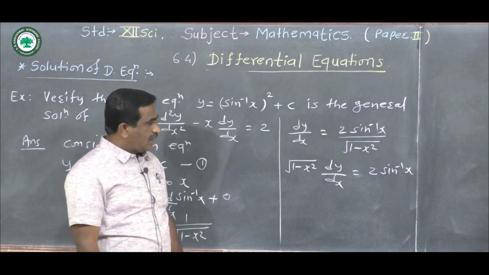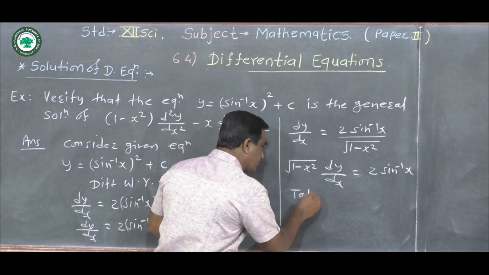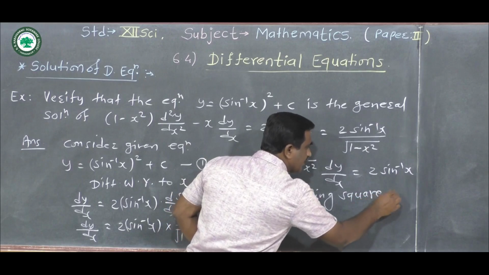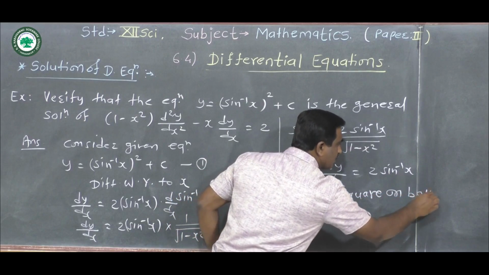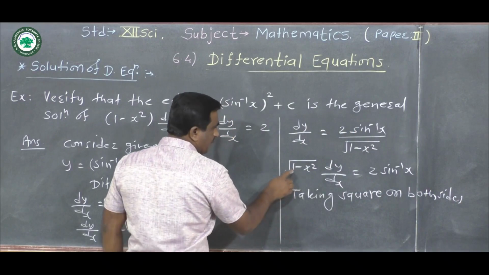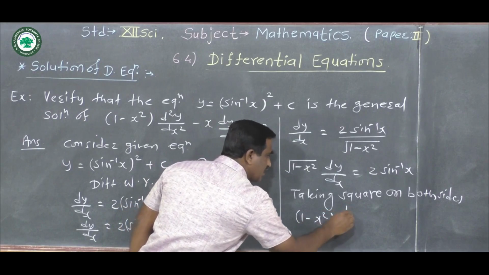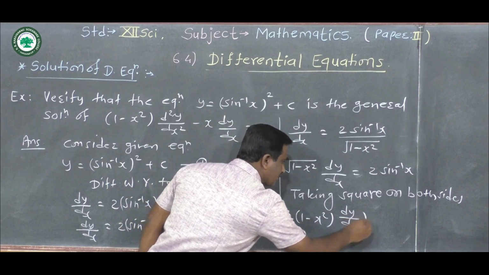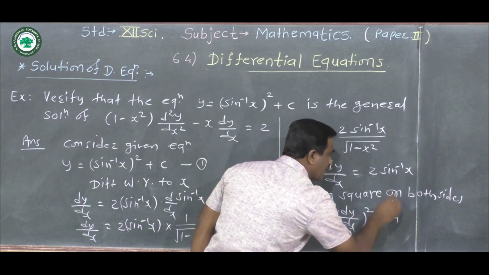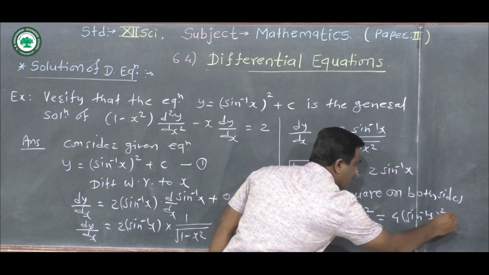Okay, now taking square on both sides, we get, square root and square cancel out, remains only 1 minus x square into dy by dx bracket square equal to 2 square means 4 and sin inverse x bracket square.